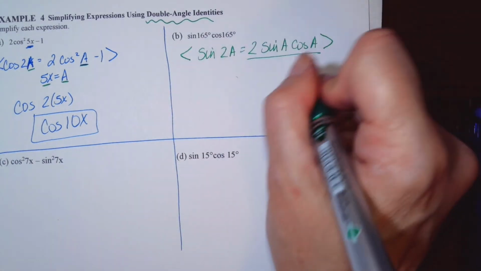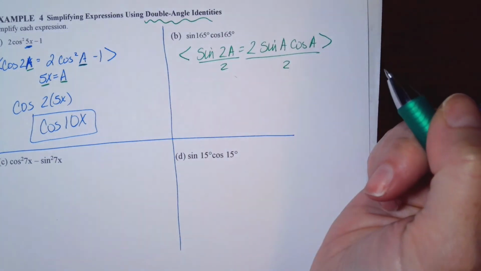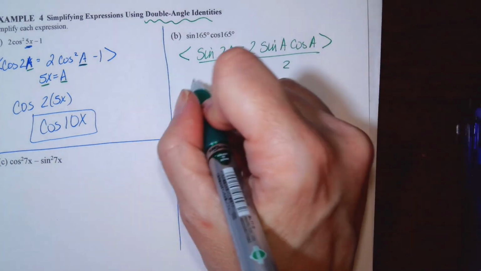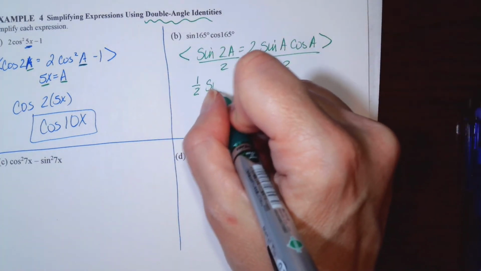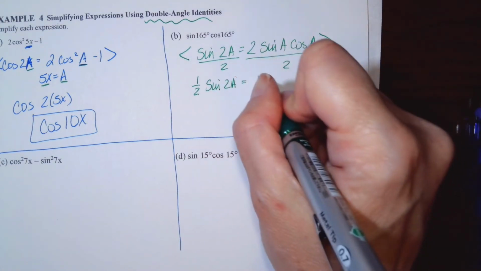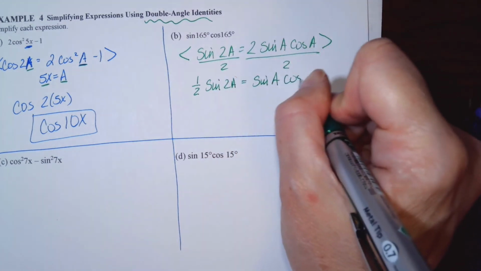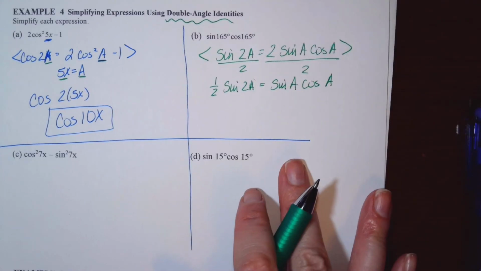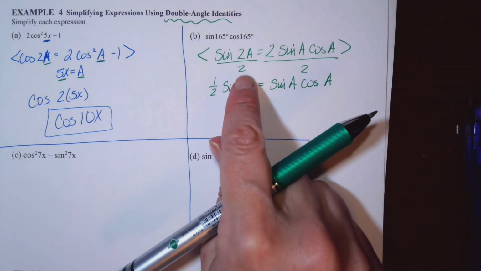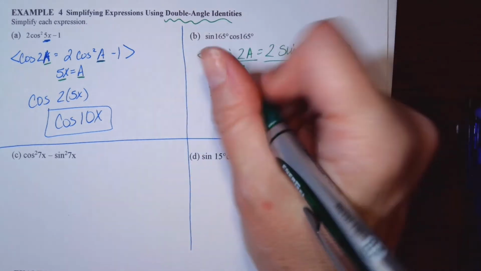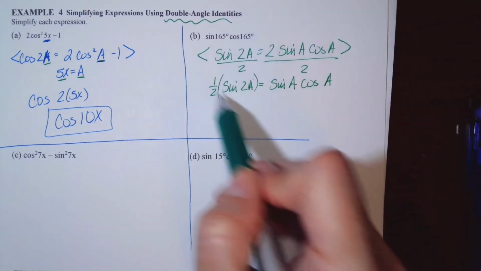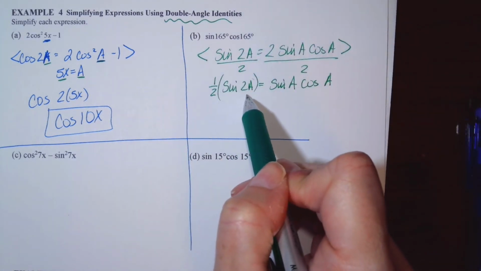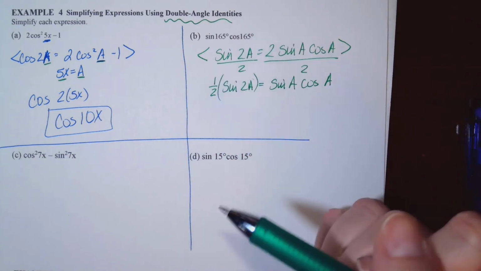So algebraically, I can divide both sides by 2. That gives me 1/2 sine of 2a is equal to sine a cosine a. That's another way to write that double angle sine identity. Notice that when I divided this left side by 2, I multiplied by 1/2. I didn't divide the argument. I divided the value of sine.